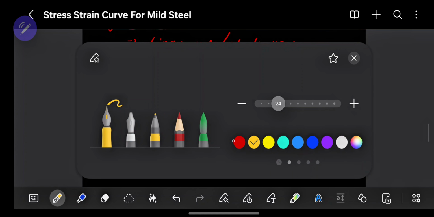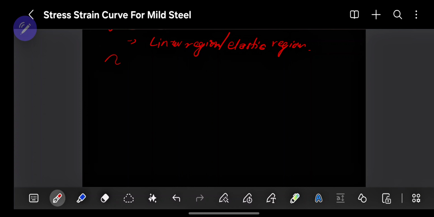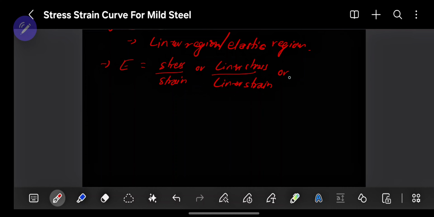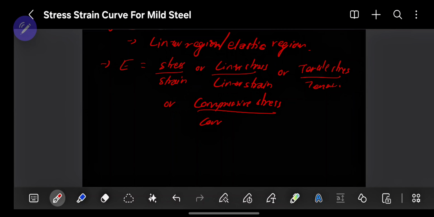Here we give the modulus of elasticity as E, which is equal to stress by strain, or linear stress by linear strain, or tensile stress by tensile strain, or compressive stress by compressive strain.